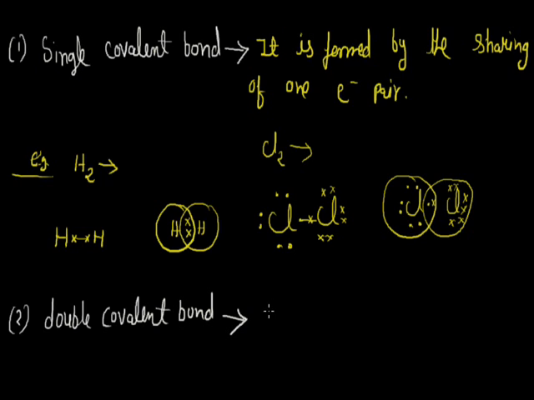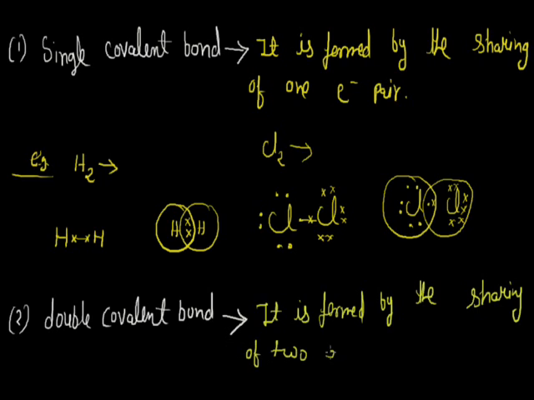The second one is the double covalent bond. It is formed by the sharing of two electron pairs. For example, O2, oxygen.